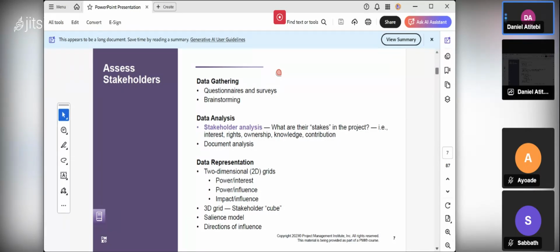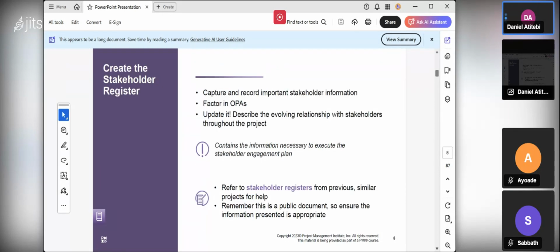So with data gathering, like requirements or information from them, you analyze the stakeholder based on their requirements and interests, then you represent that in the diagram. We are going to see that later. Then all the key stakeholders that you have identified, or you keep on identifying, because throughout the lifespan of your project you keep on identifying stakeholders.